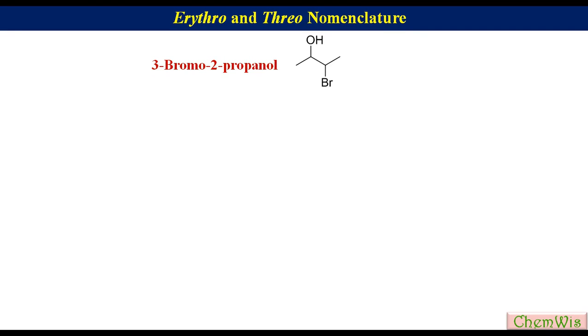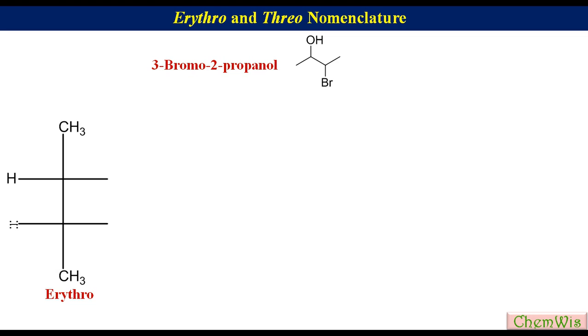Each diastereomer will have 2 enantiomers. For drawing an erythro diastereomer, draw a skeleton for the Fischer projection and you can put either same or different groups on the vertical line. Let's put CH3 on the vertical lines. Now put both the H on the left and OH and Br on the right.